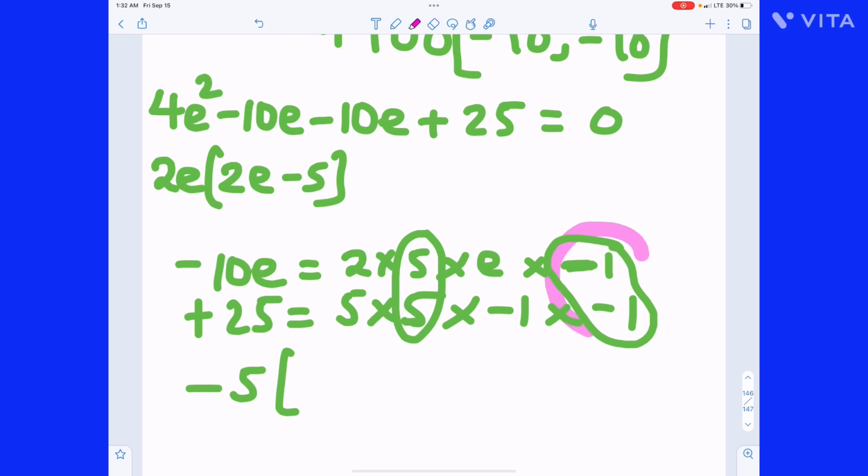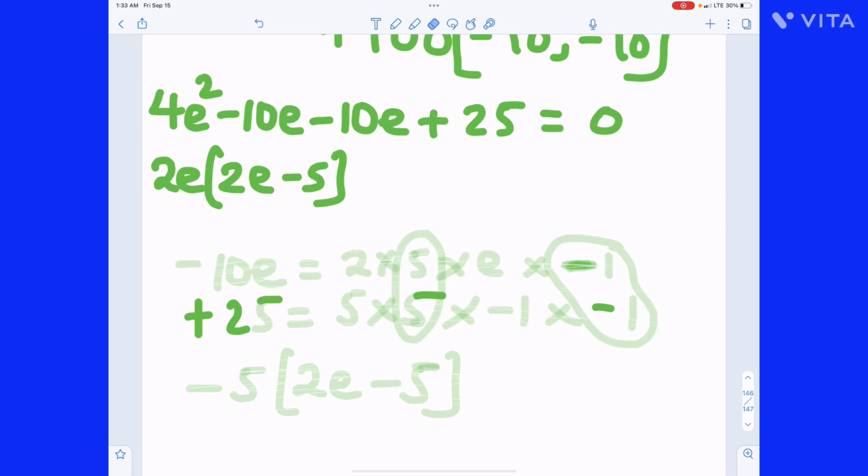These are just common factors, minus 1 and 5, but my highest common factor will be minus 5. Minus 5, open bracket, 2e minus 5.